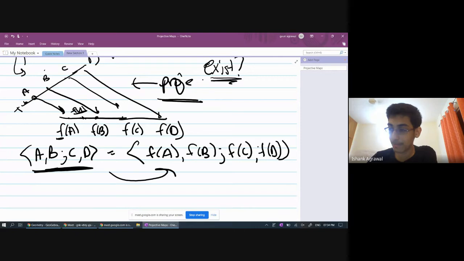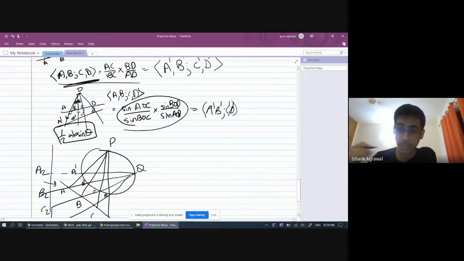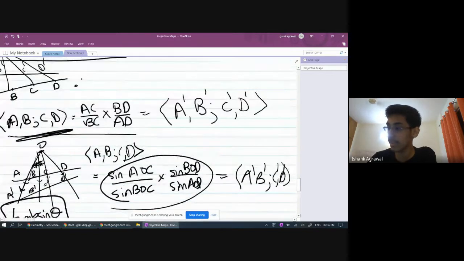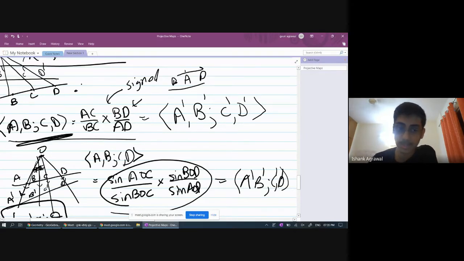So there is a projectivity that maps A to FA, B to FB, C to FC. And the cool thing about the cross ratio, which I actually forgot to tell you, is that it is signed. So the ratio of BD and AD is positive if they're in the same direction.